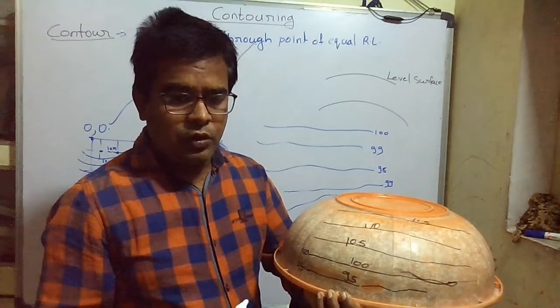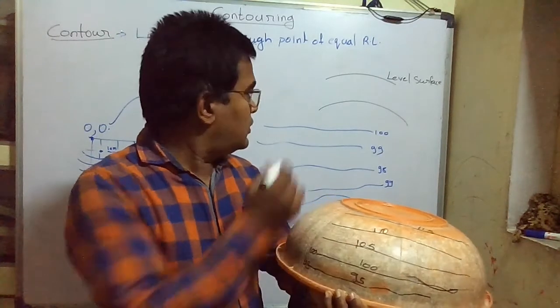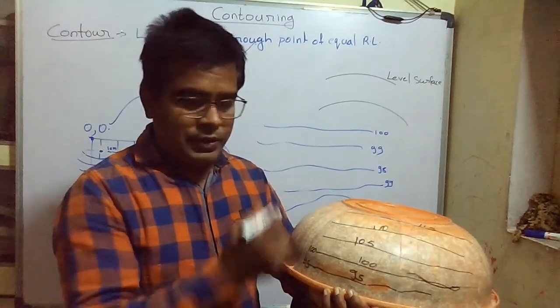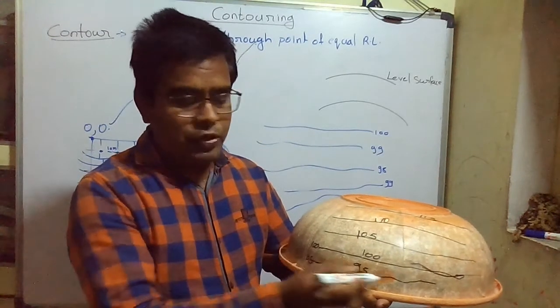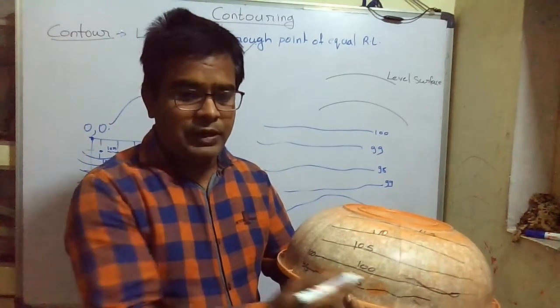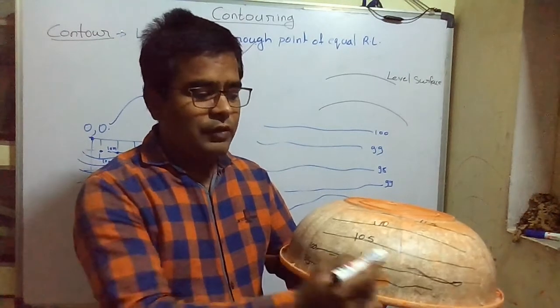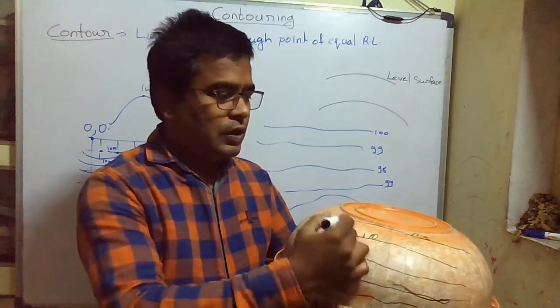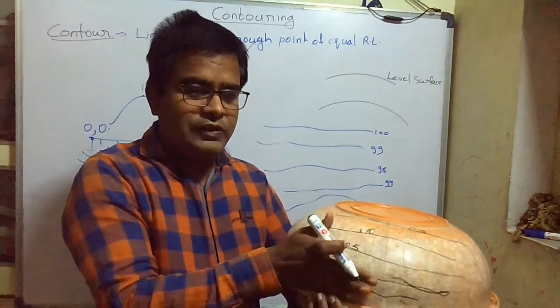When I plot it on the sheet, this is actually the nature. I get here the points of RL 95, 95. If I take the levels here, I get the points 100, 100 here. I get RL 105, I get 110, I get 115. So this is the hill.